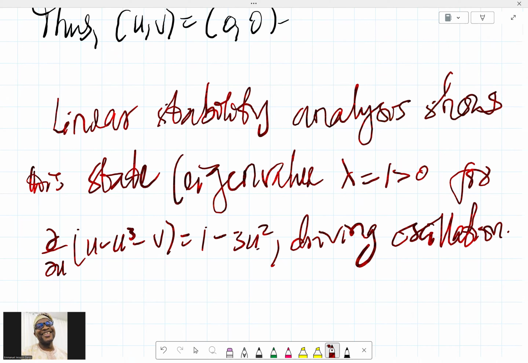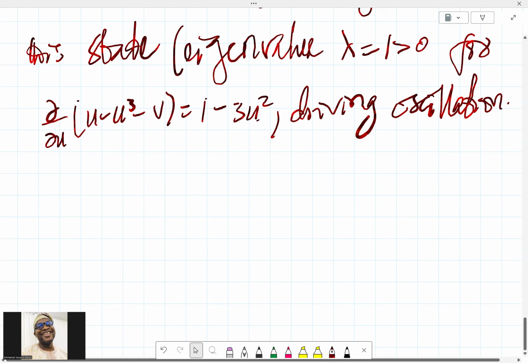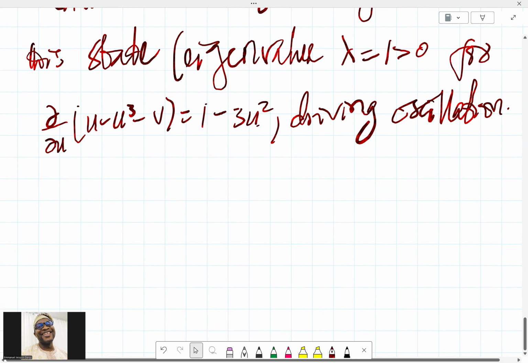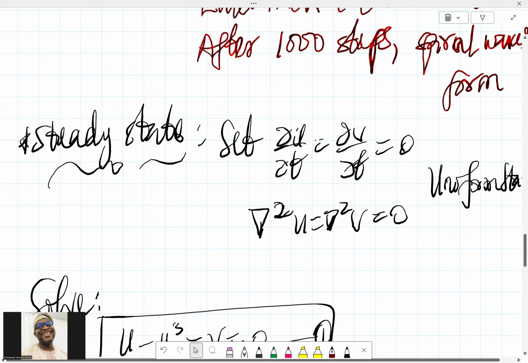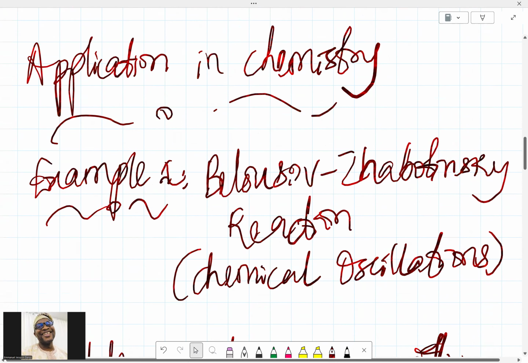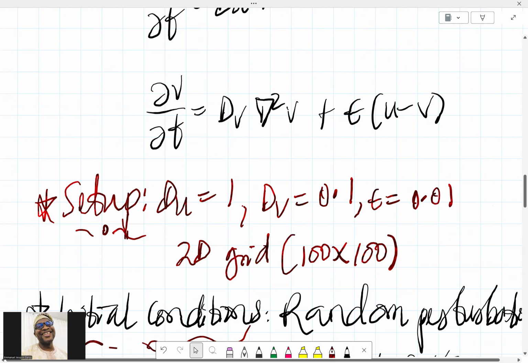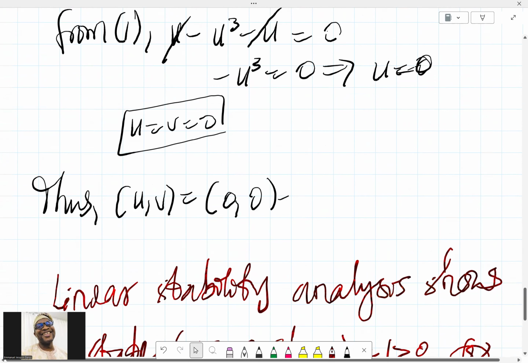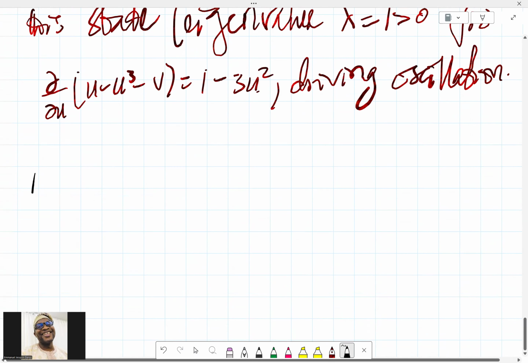Okay. And finally, still talking about this chemical Belousov-Zhabotinsky reaction as an example of a reaction-diffusion equation in chemistry.